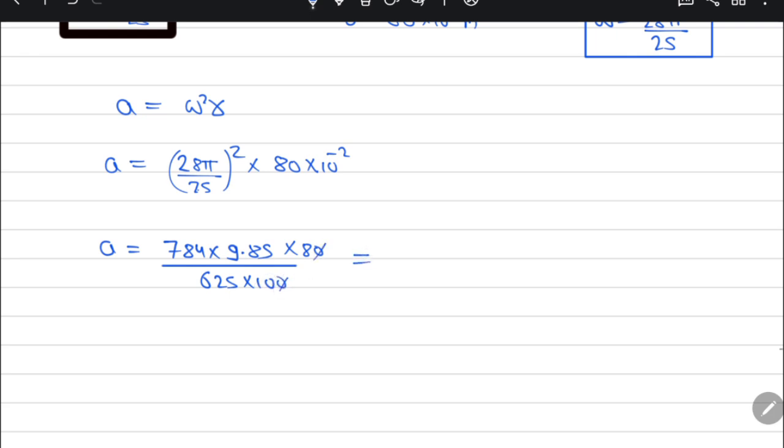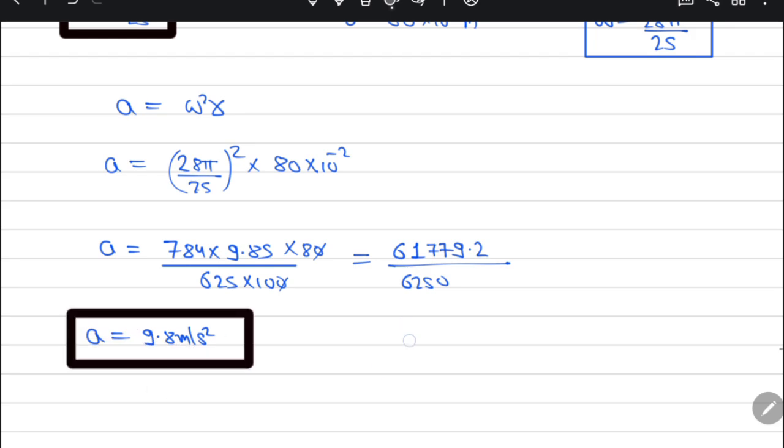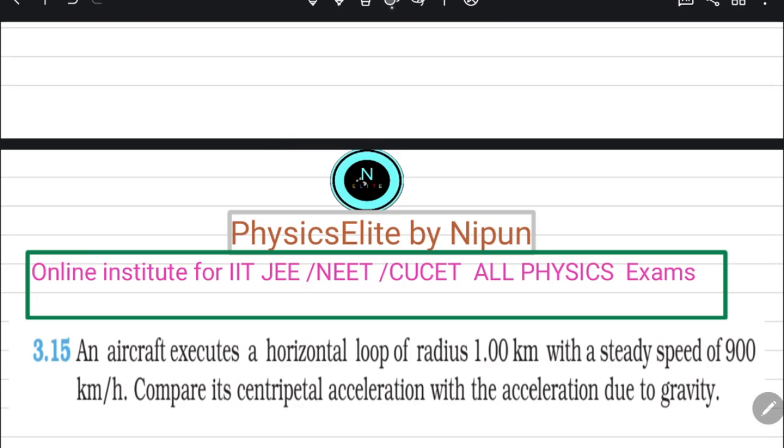So 784 into 9.85 into 8 comes out to be 61779.2 divided by 6250. So here acceleration comes out to be 9.8 meter per second square. Understand? Good question. Not a difficult question.